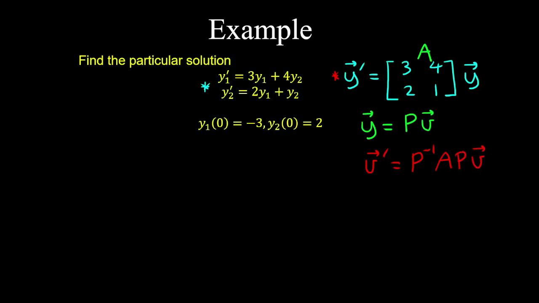So to determine P, which diagonalizes A, we find the eigenvalues and eigenvectors of A. So we take the determinant of A minus lambda I, which we've done before, and set that equal to 0. So this determinant gives the characteristic polynomial.